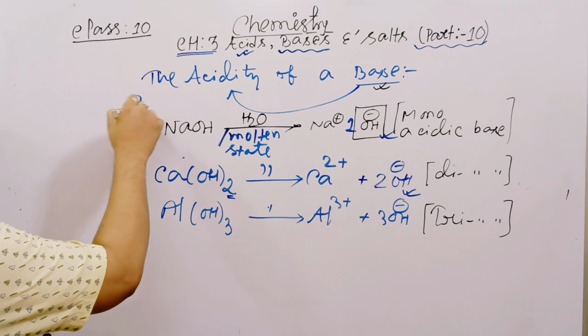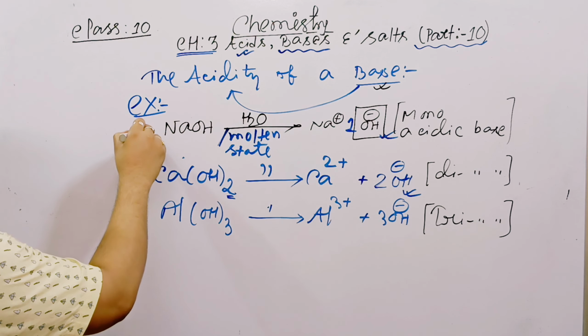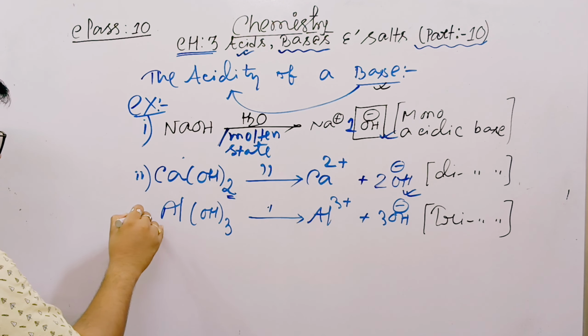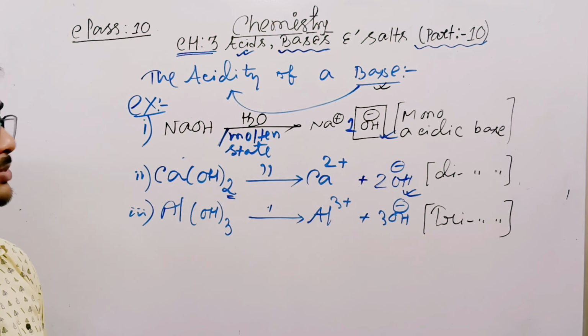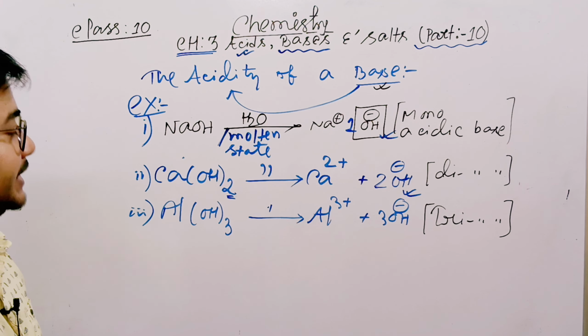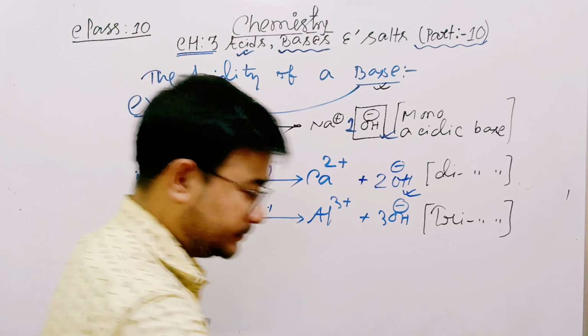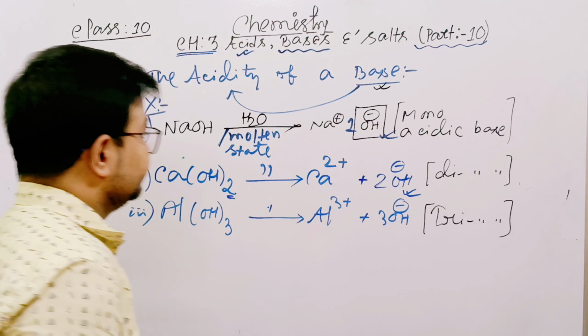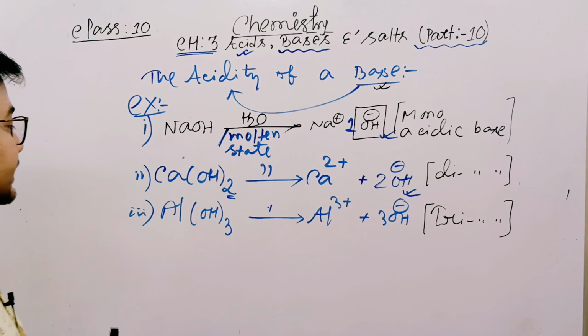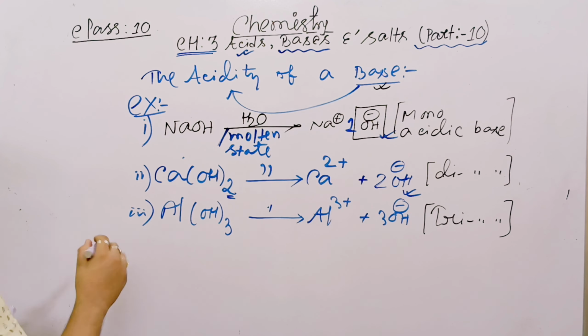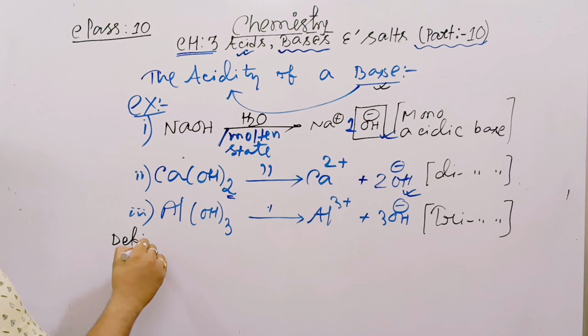We already have 3 examples: 1, 2, 3. So write down these examples. Now the proper definition. Okay, so this is done. Now for the board, what is the proper definition?